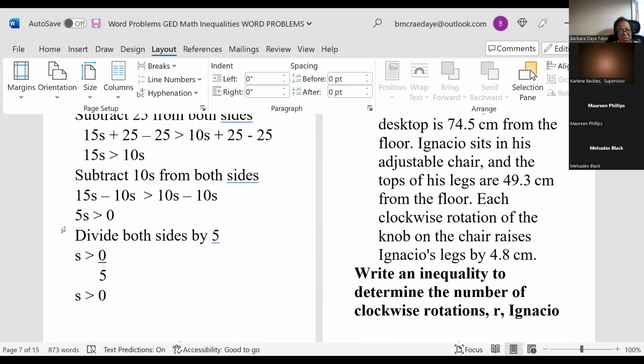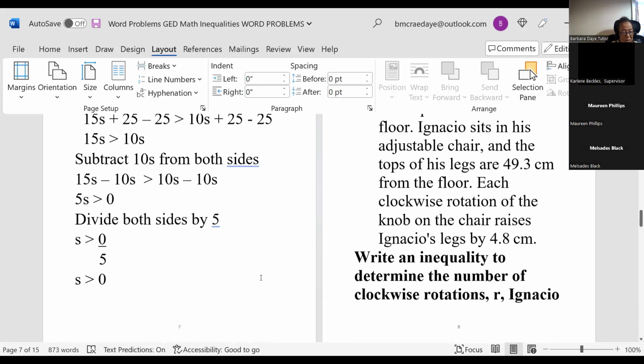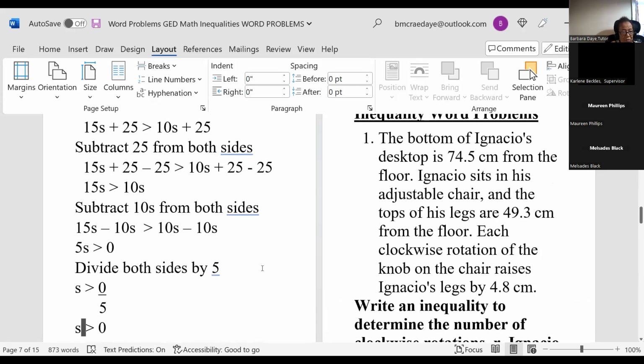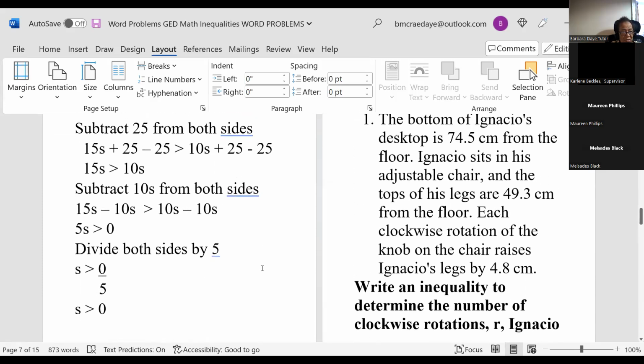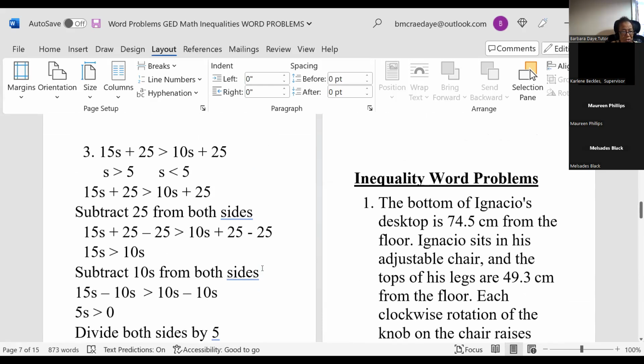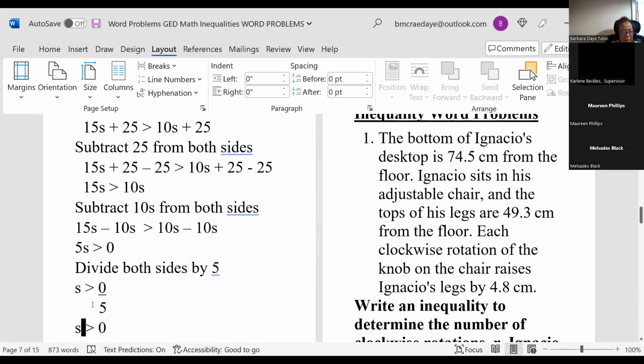Questions? You got it? You want to do another one? I think you need to do another multi-step. I was going to go to word problems. We won't get to word problems today because I want you to really get this, because you and Maureen both said 5. But Maureen, did you get this far right here?